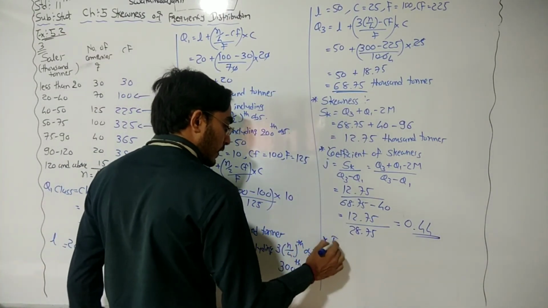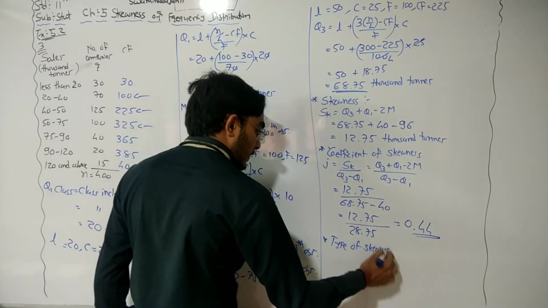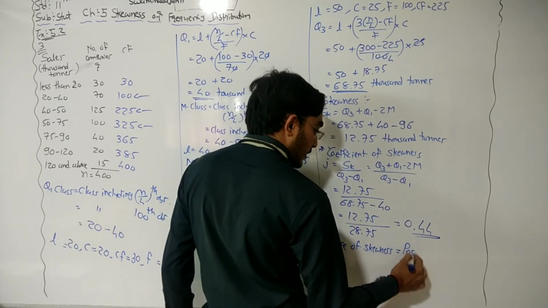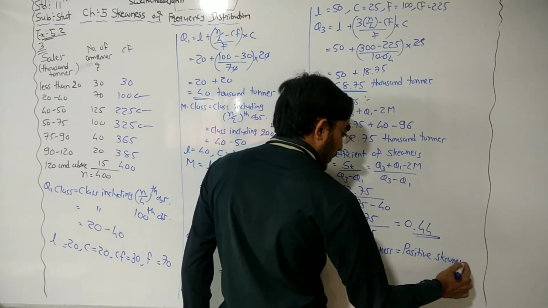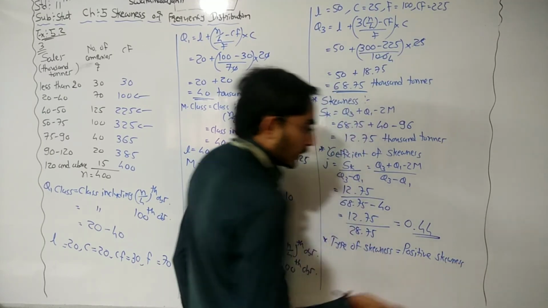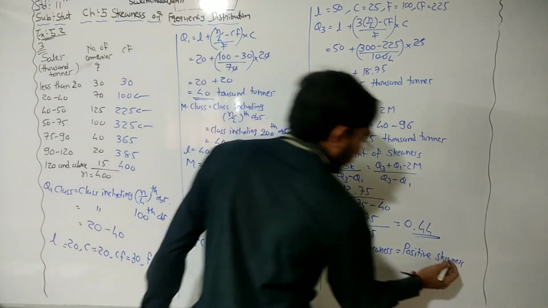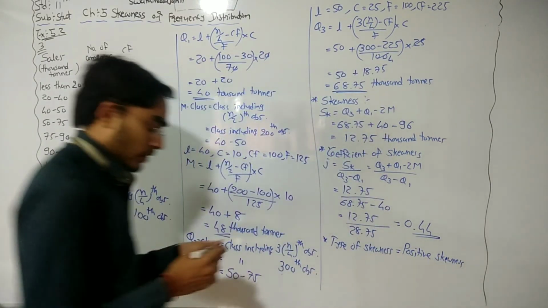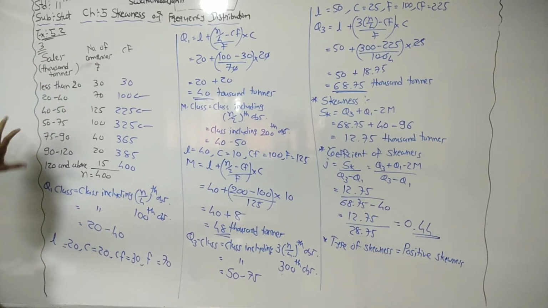Now here type of skewness, it is positive skewness. Okay, we get the answer in positive. So here positive skewness. So here an open-ended frequency distribution table is given to you.